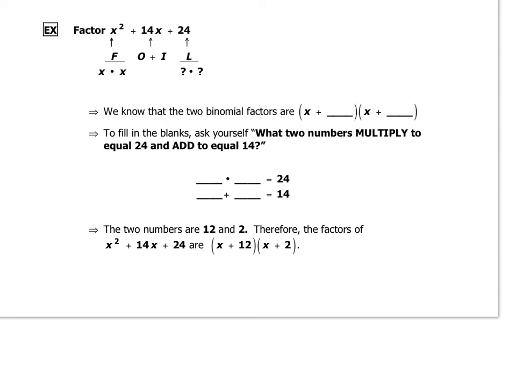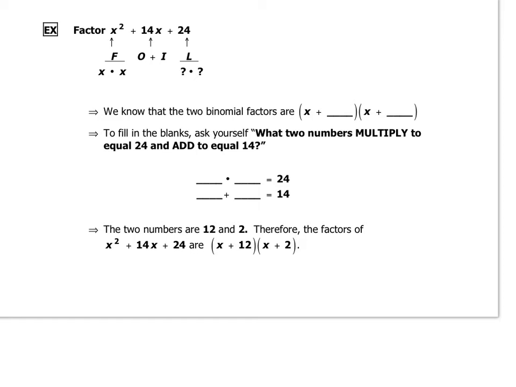And the lasts were multiplied out to 24. We just have to figure out what numbers those would be. Obviously, there are some options, but we're dealing with our first and our last.